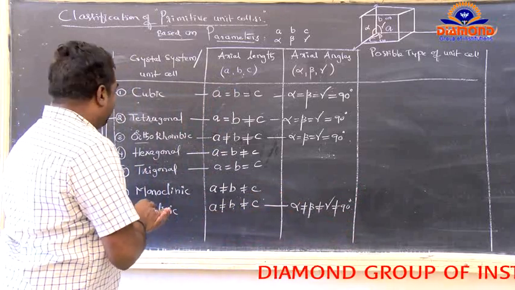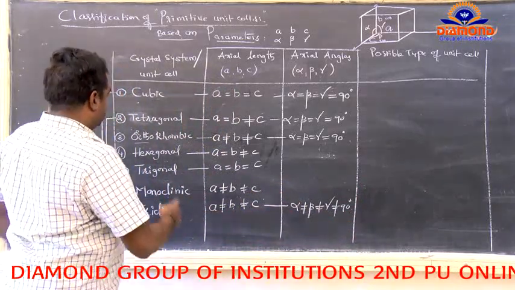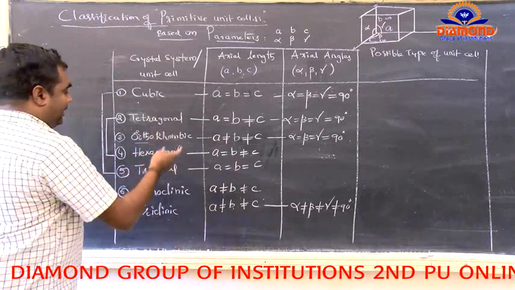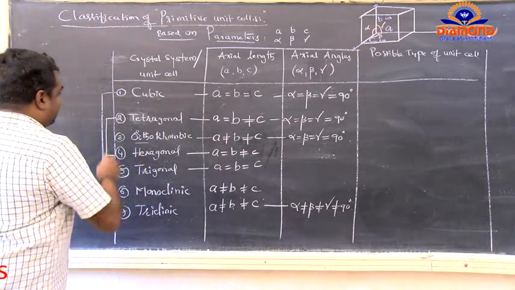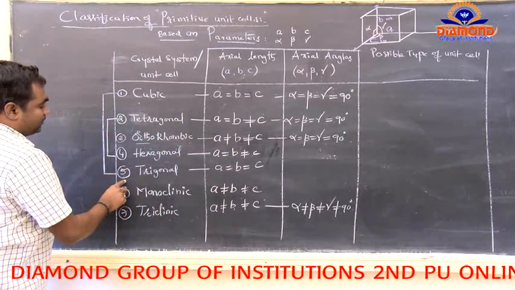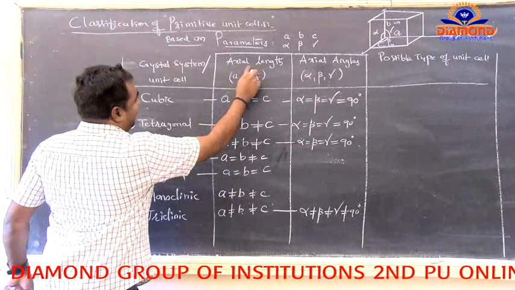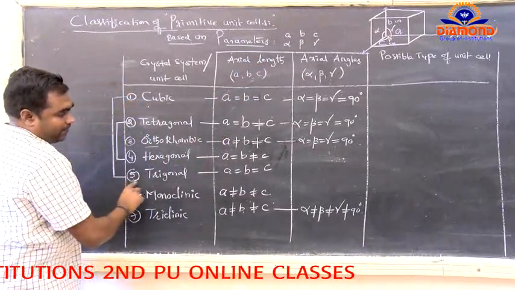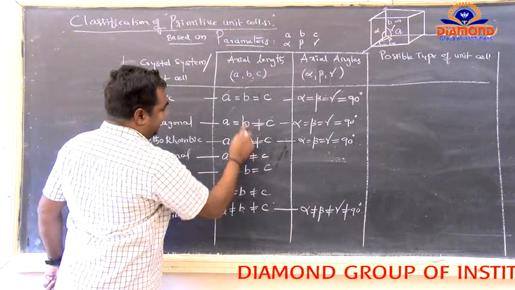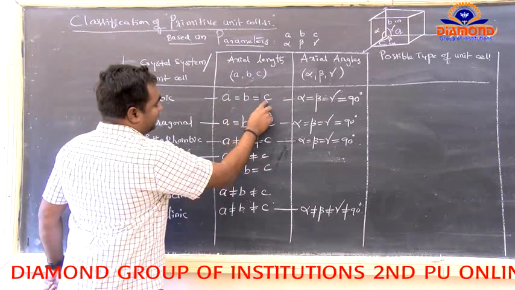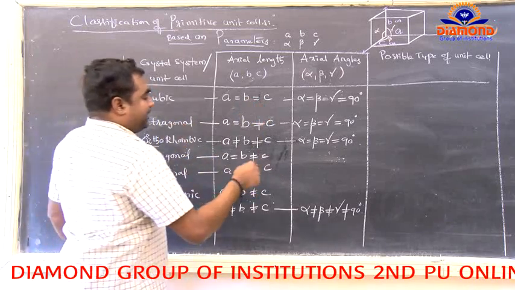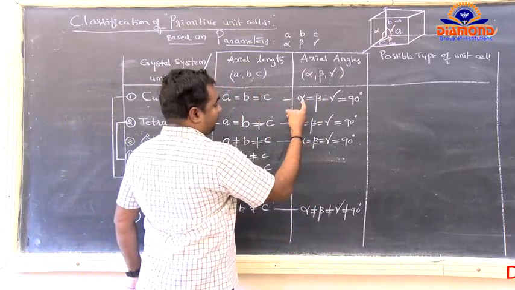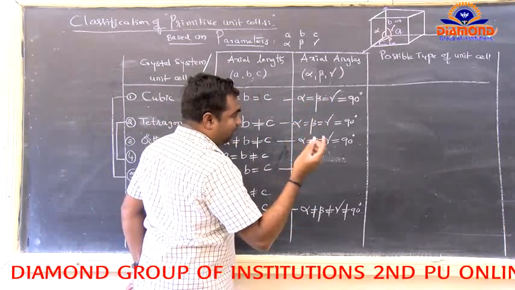Next, how many are left? Only three are left: the fourth, fifth, and sixth. Earlier we discussed 1 and 5. In the axial length, 1 is similar to 5: a equal to b equal to c. In the axial angles, both are also the same, but a small difference is there.